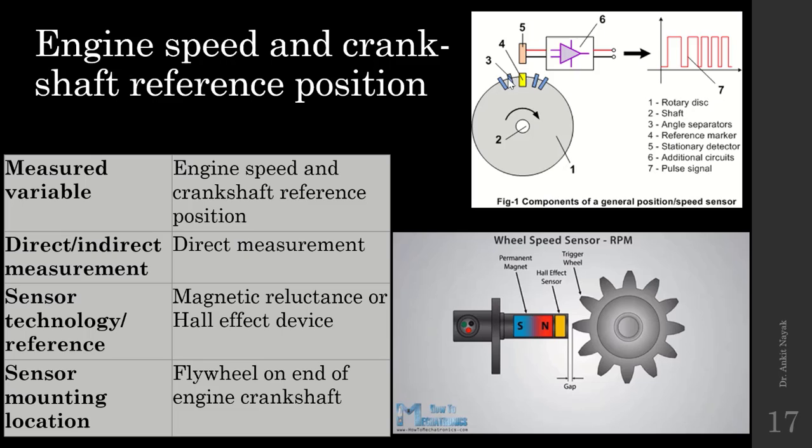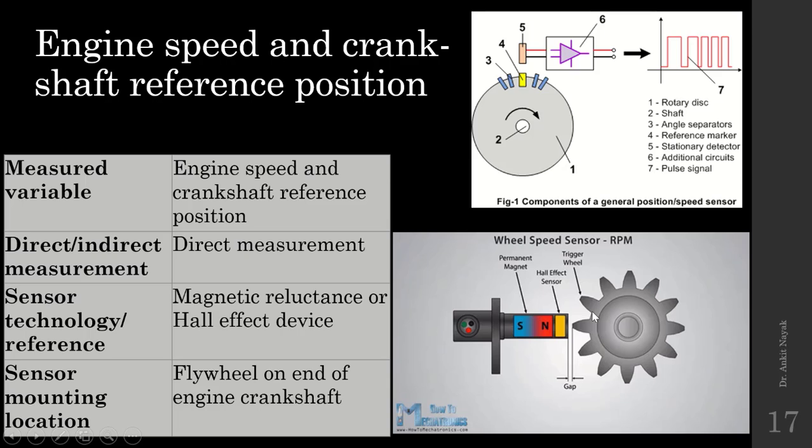So basically when this reference point passes this sensor, it will generate a pulse, and with respect to the other markers it will generate other kinds of pulses. By observing this pulse form, or the waveform, we can measure the speed or the positioning of the crankshaft.